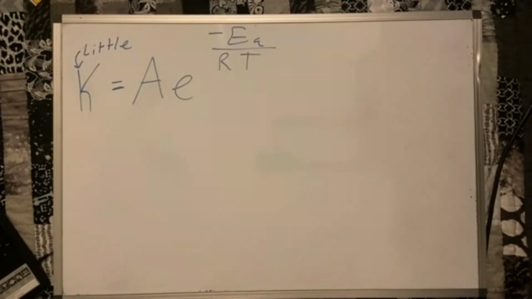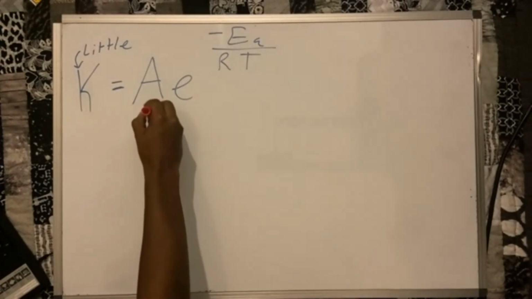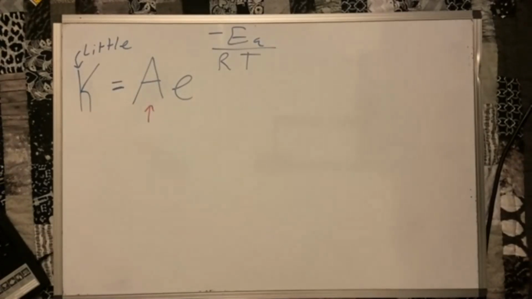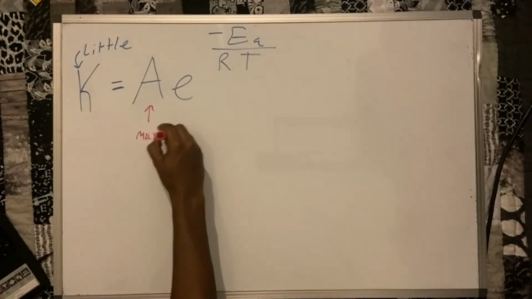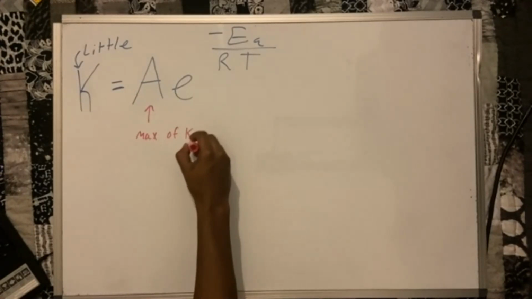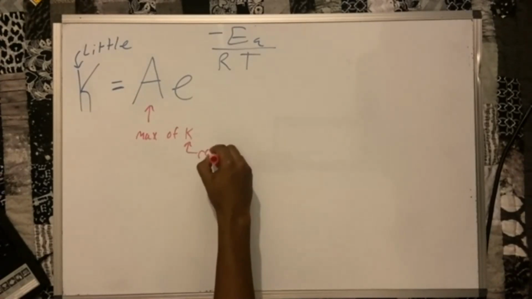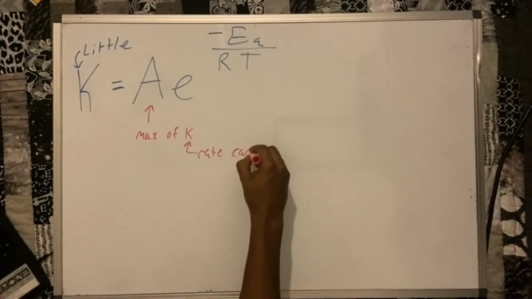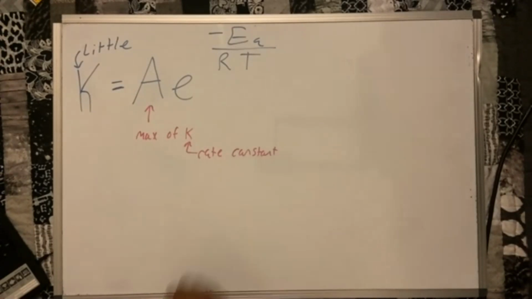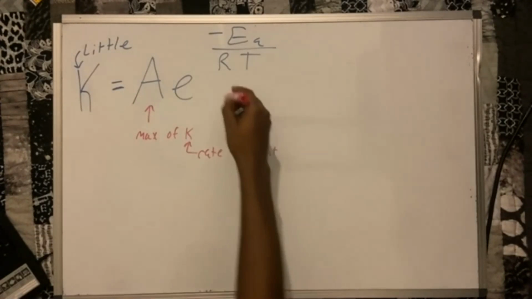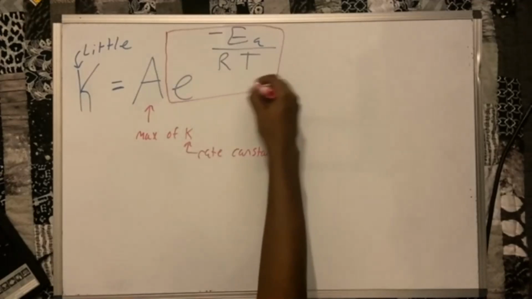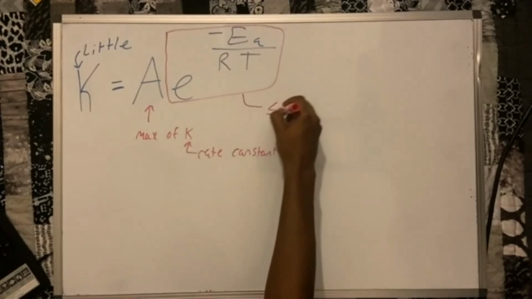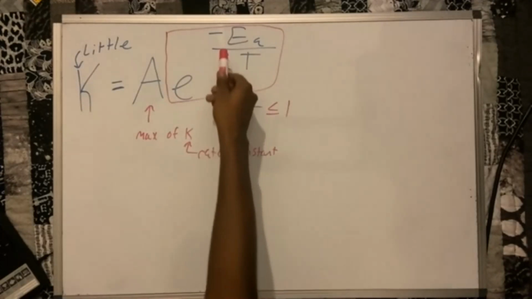So it's asking about what this thing represents. This thing is basically the maximum that k can be. This is the max of little k, the rate constant. The reason is that this term is always less than or equal to 1, because of that negative sign.